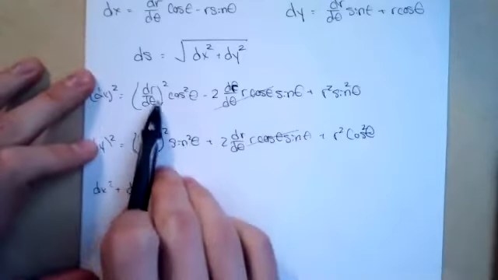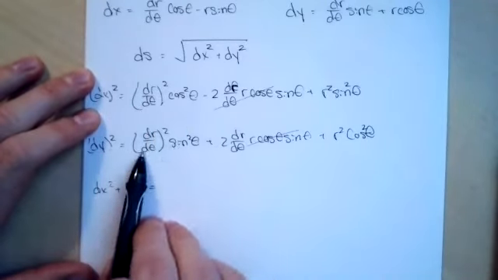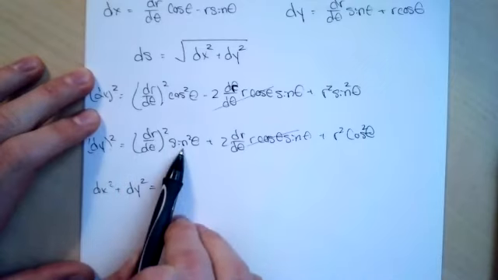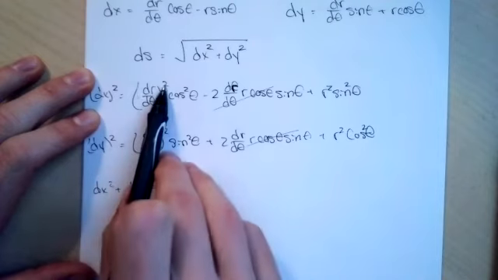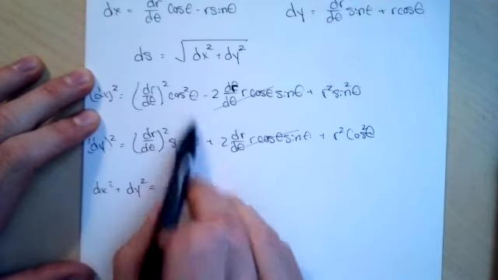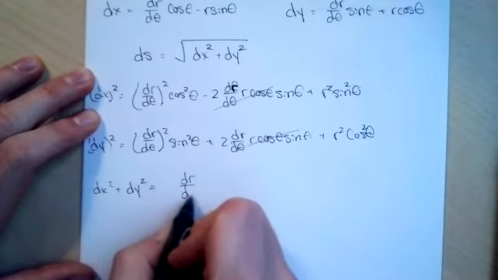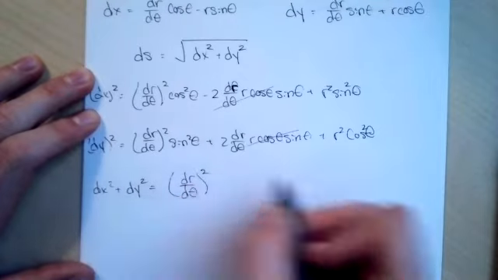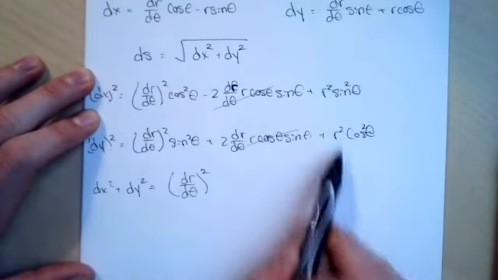So then we'll have dr/dθ squared times cosine squared plus dr/dθ squared sine squared. If we factor out the dr/dθ squared, we'll have dr/dθ squared times the quantity cosine squared plus sine squared, which will just leave us with a factor of dr/dθ squared. Similarly, when we add those two terms, we factor out the r squared.